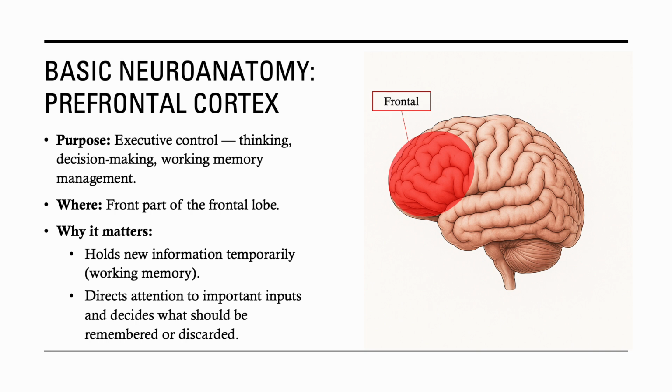So if the prefrontal cortex is damaged, you will see problems in exactly those areas, like making impulsive decisions without really thinking about the consequences, getting easily distracted, having a hard time staying on task.